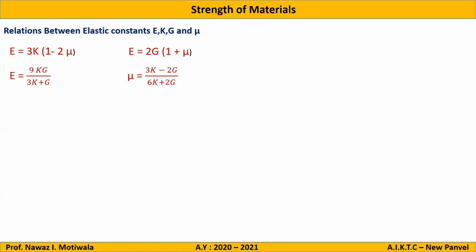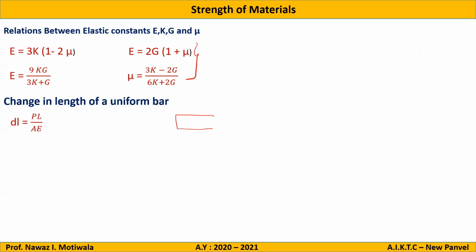Poisson's ratio in terms of K and G is given by (3K minus 2G) divided by (6K plus 2G). These are the important relations by which you can solve many problems in your descriptive as well as MCQ questions. Let us go to another part, wherein we have the change in length of a uniform bar.